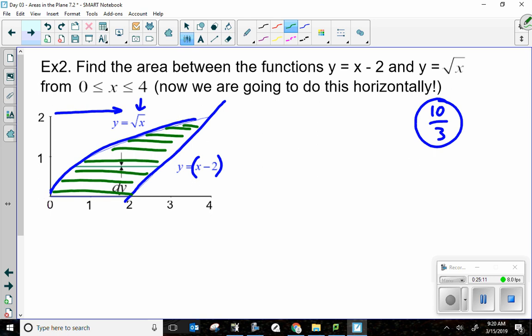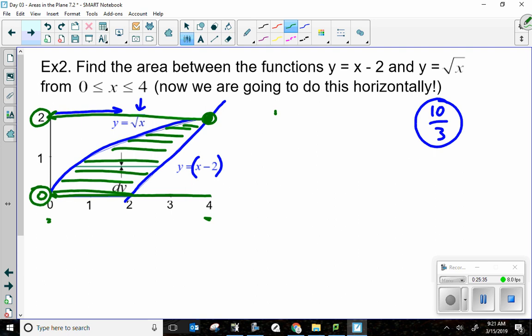However, you need to be very careful. How come? My bounds are no longer on the x-axis because I'm doing this horizontally. This goes from 2 to 0. Okay, I'm going from 0 to 2 because it's the y-axis. All right?